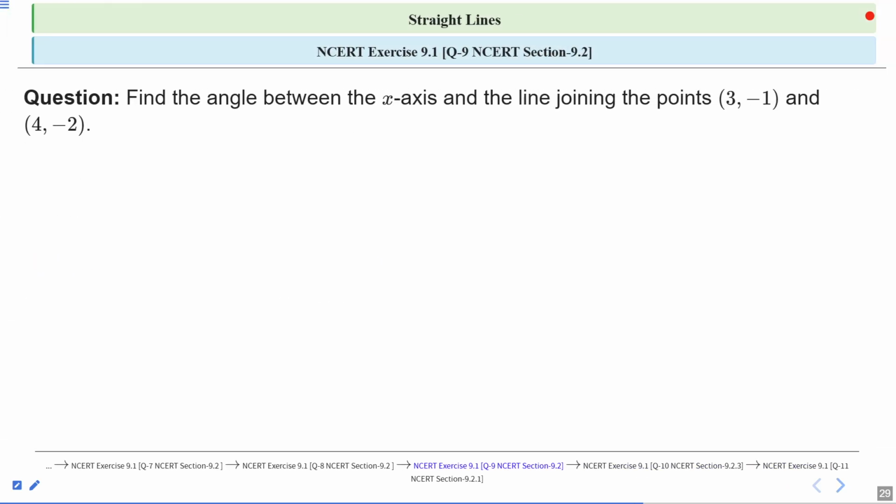In the next question, we have to find the angle between the x-axis and the line joining the points (3, -1) and (4, -2). Students, first of all try it yourself and then see the solution.